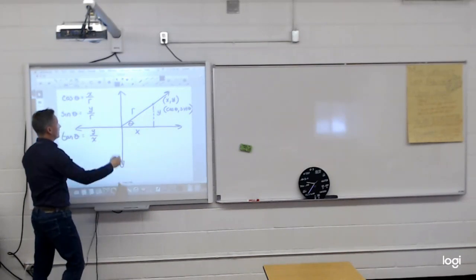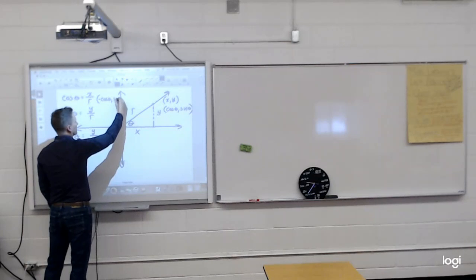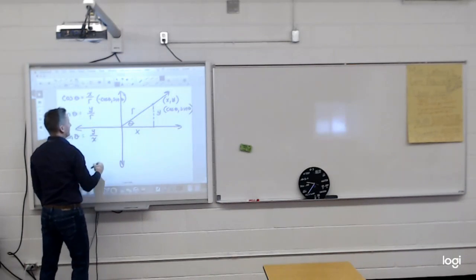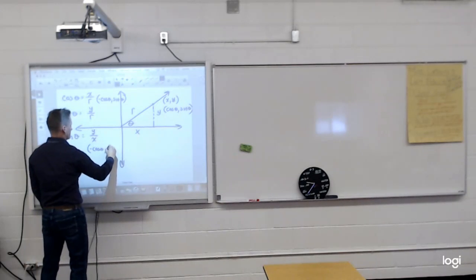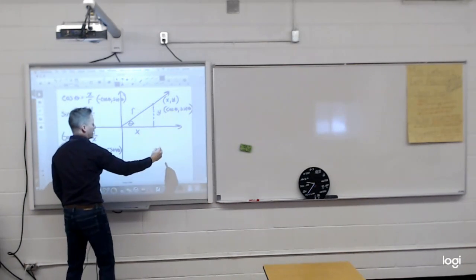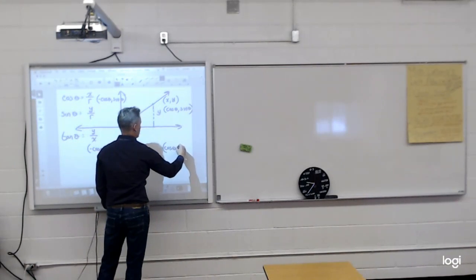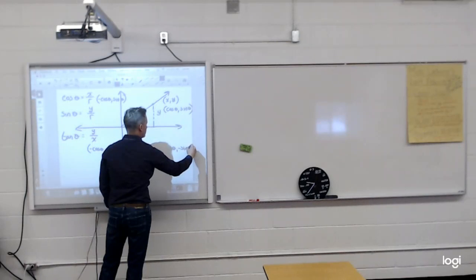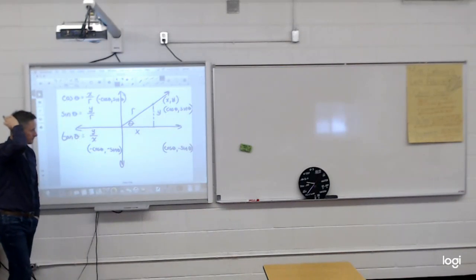Over here in this quadrant, cos theta is going to be negative. Down here, they're both negative. And over here, just the sine is negative because y is negative there, right?